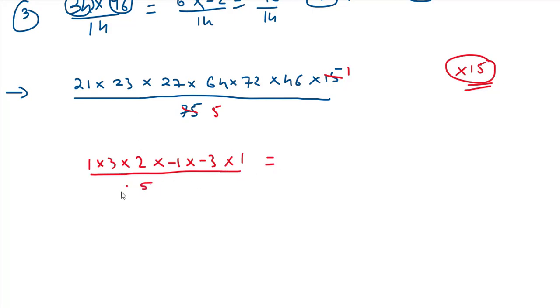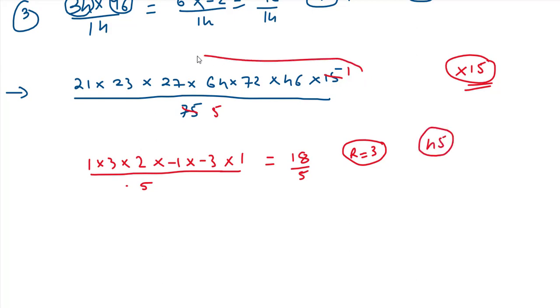So if we multiply all these numbers, we'll get 3 into 2 will be 6, 6 into 3 will be 18, and this minus and minus will cancel out. So we'll get 18 upon 5. So 18 when divided by 5 will give us a remainder of 3. Now we'll have to multiply this 3 by 15. So we will get 45. So the remainder when this number is divided by 75 will be equal to 45.